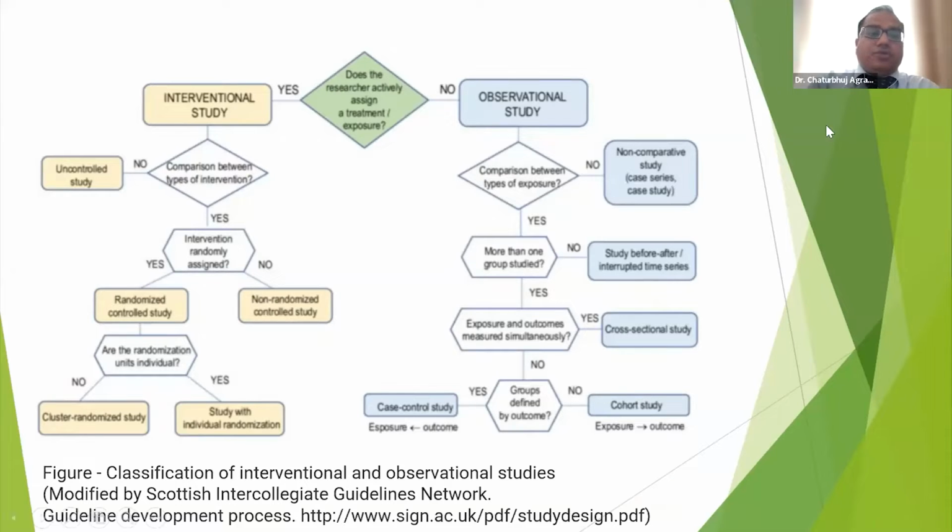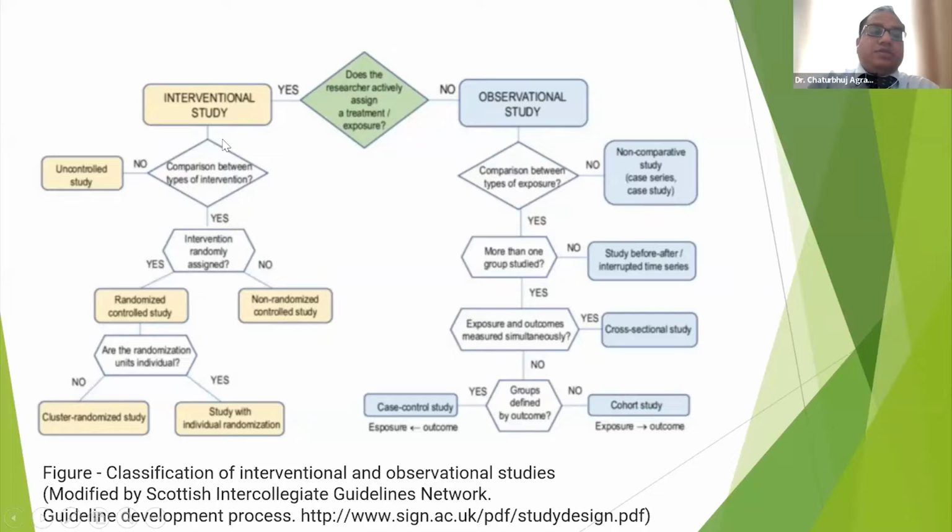If the researcher is not assigning a treatment or exposure to anyone, it's an observational study. That part has already been covered in detail, so I will not go into it in the interest of time. If we are assigning some treatment, exposure, or prevention, that is intervention.